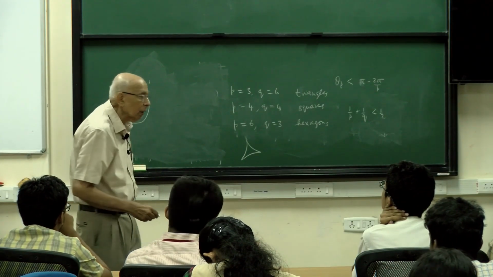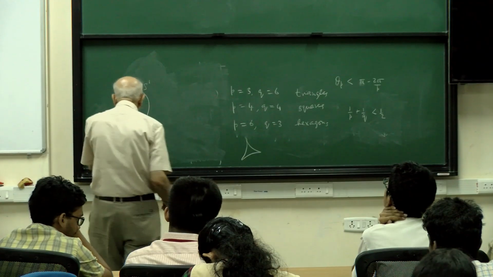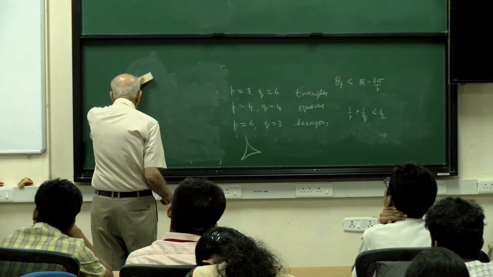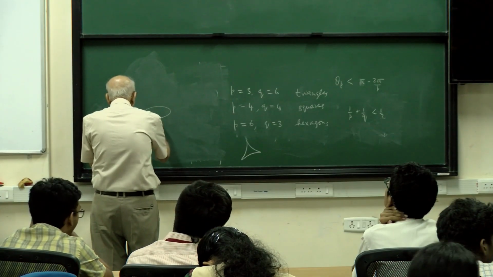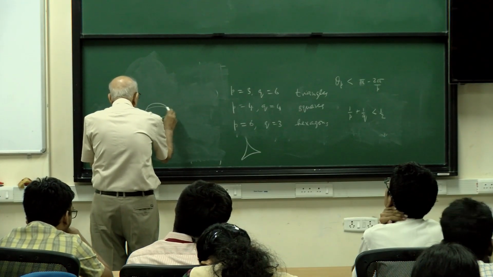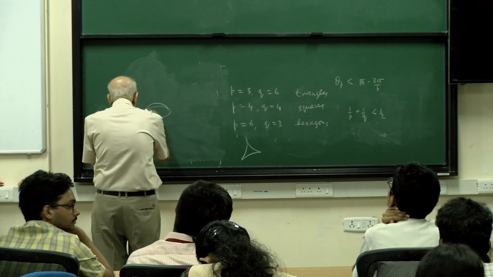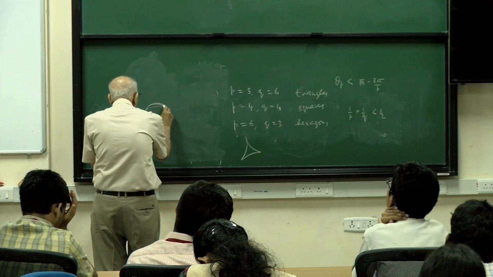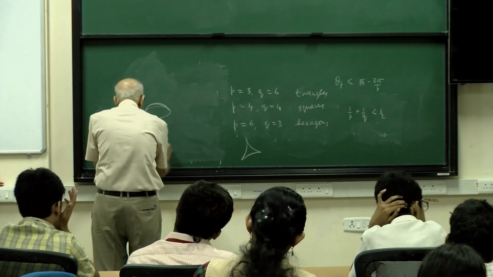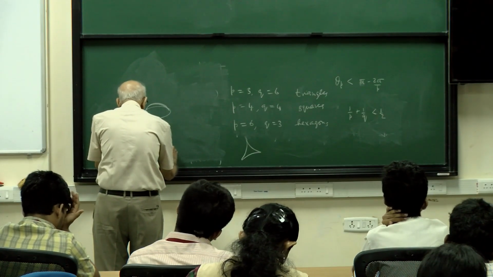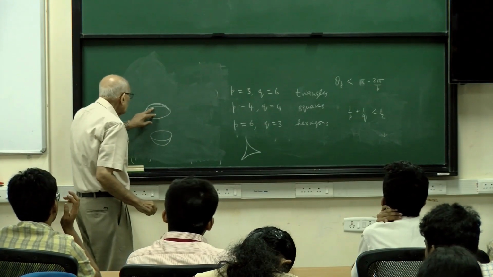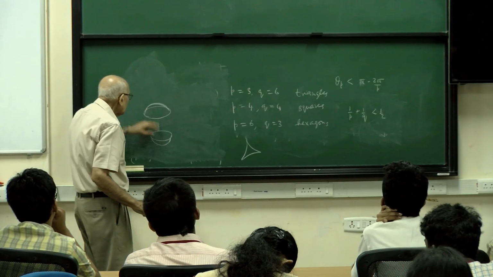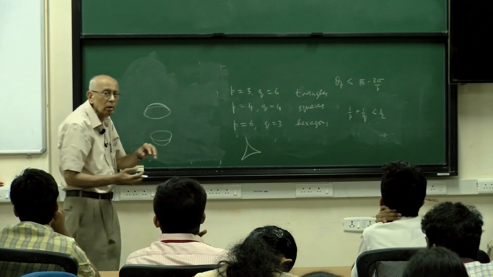Now I take 2 of these circles. I take a circle here and distort it topologically into a spherical cap. And I take another one here and distort it into a spherical cap. So I include the space in between, inside this S2 and inside that S2, and make 2 balls out of it.